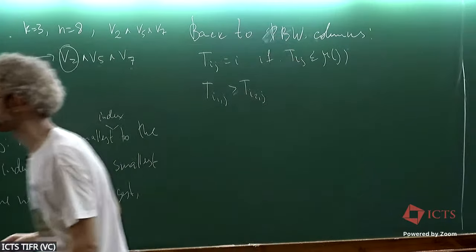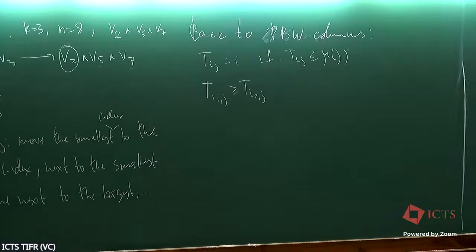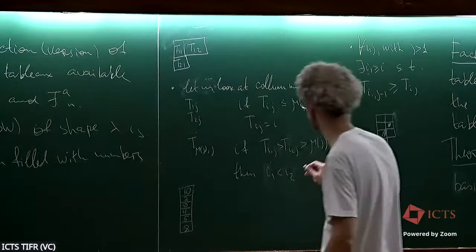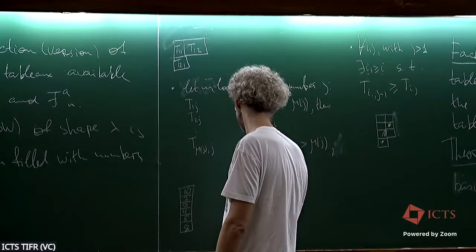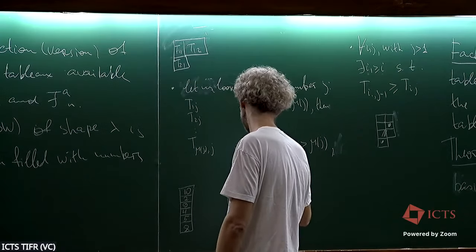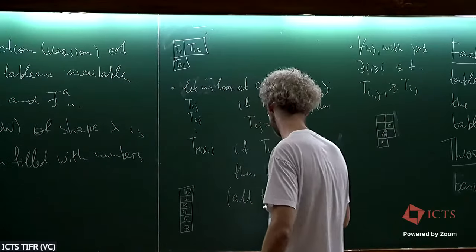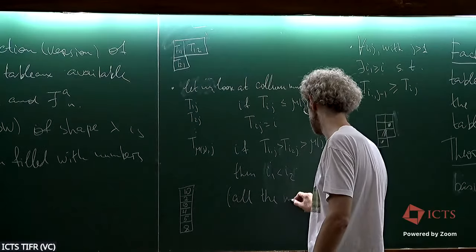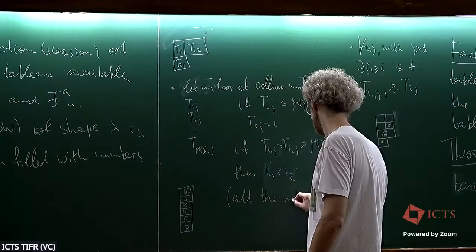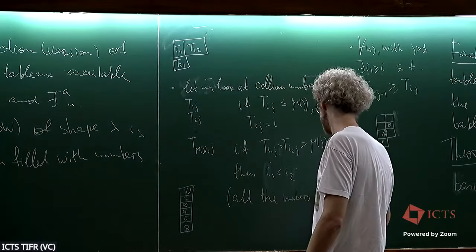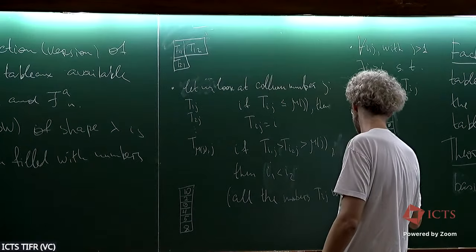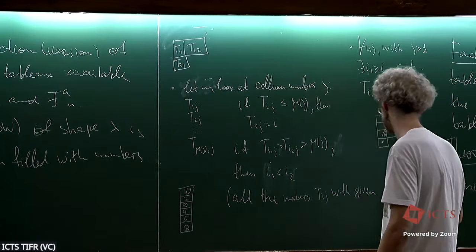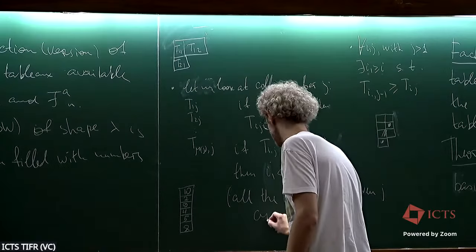Right, so of course I didn't write it, but all the numbers, it follows, but let me write it explicitly, all the numbers Tij with given j are different, are distinct.